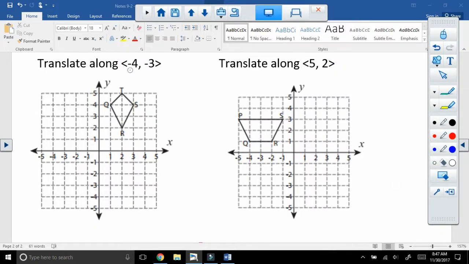So for this next one, we are going left 4 and down 3. So each point, just go to the left 4 and then down 3. So it is a little different than slope. We're going left or right first and then up or down second. So left 4, down 3.